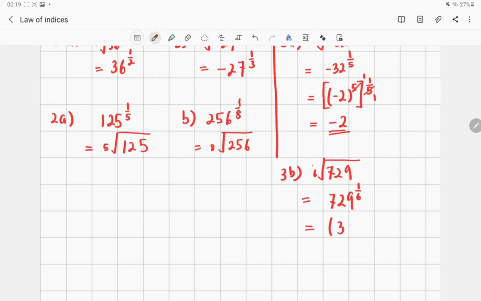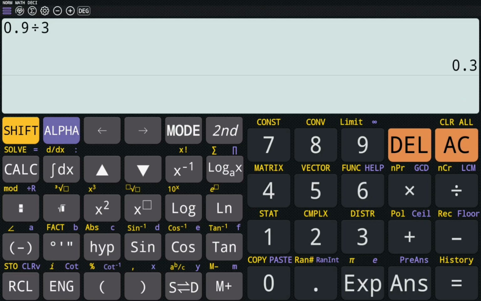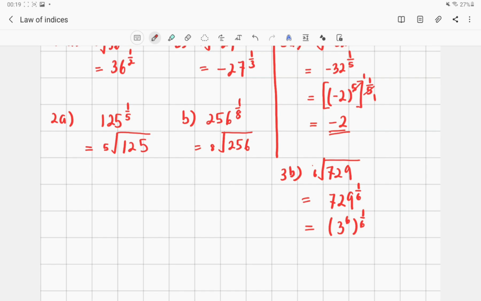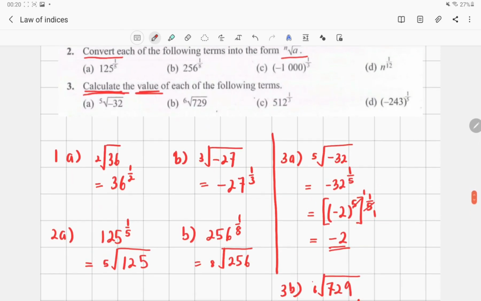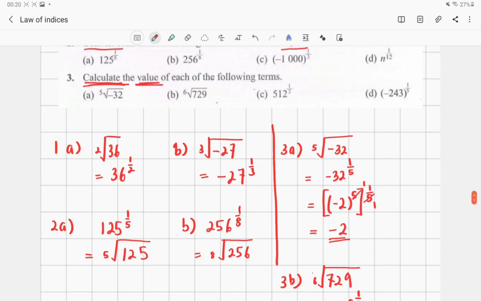I think it is 3 to the power of 6, to the power of 1 over 6. I check with my calculator. 3 to the power of 6 equals 729, so it's correct. Then this one you can simplify. So the answer is 3. You can try other examples, question 3c and 3d.